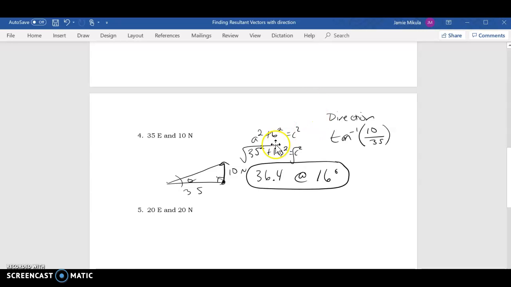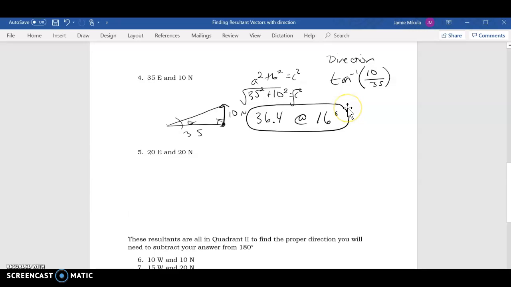There's your answer. All right, number 5, 20 east and 20 north. If the sides are equal, you'll have a 45-degree angle. So we'll see if I get 45 for my degree. So you're going to go 20 east and 20 north. So there's your resultant vector. You're looking for this angle. So 20 squared plus 20 squared equals c squared.